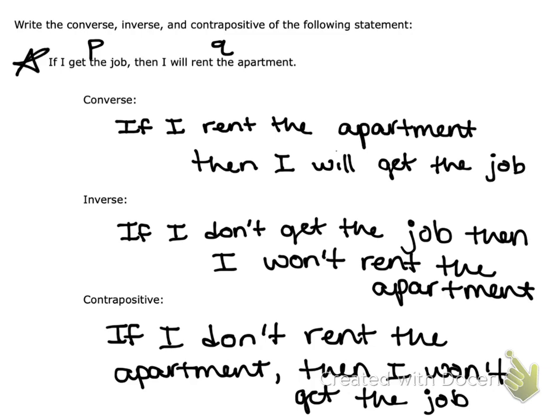So this one and inverse you feel like share the same meaning. Do you all agree with that? If I get the job, I will rent the apartment. If I don't get the job, then I won't rent the apartment. Okay? What about the other 2? Do they share the same meaning with each other? If I rent the apartment, then I will get the job. If I don't rent the apartment, then I won't get the job.